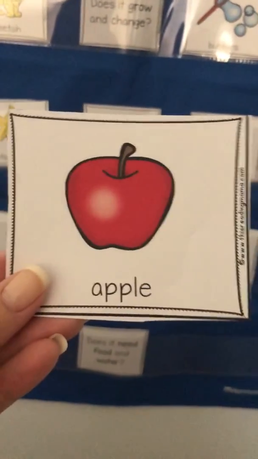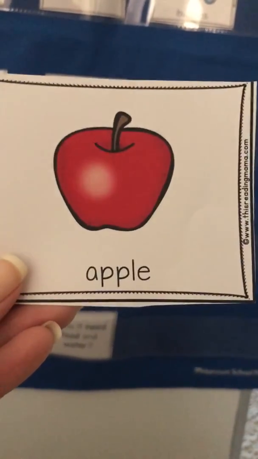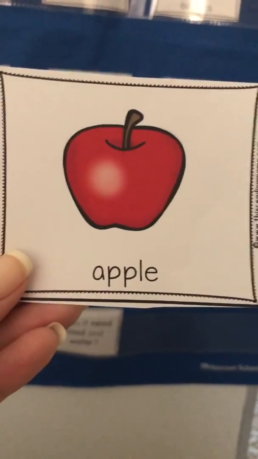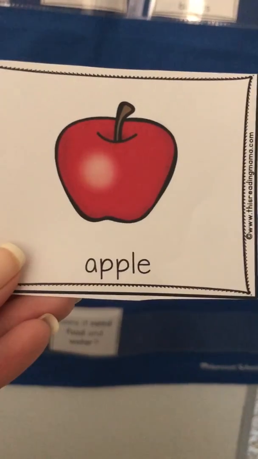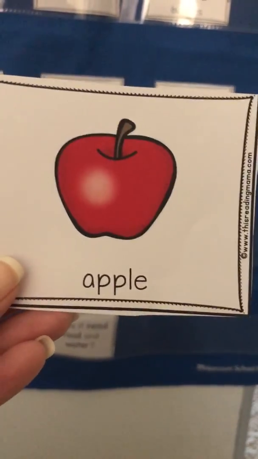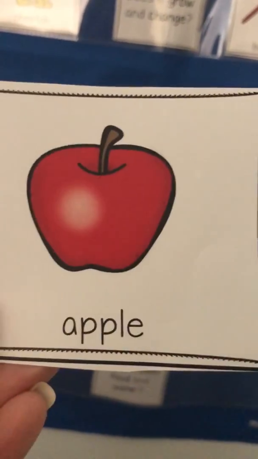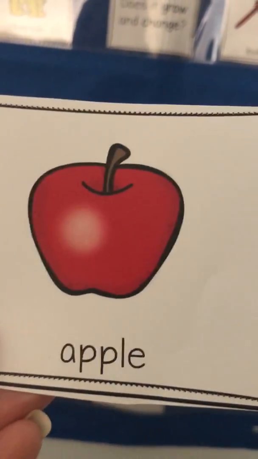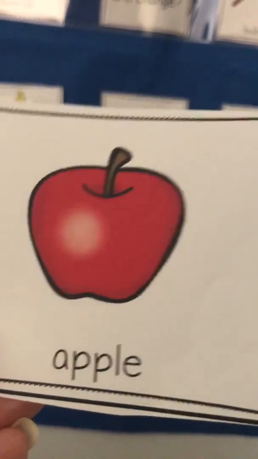This one is super tricky. An apple. I'm going to talk about this one a little bit, because an apple is a fruit that comes from a tree. While it is still attached to the tree, it does grow and it does change and it does need air.